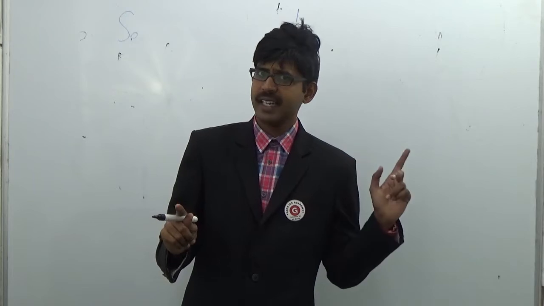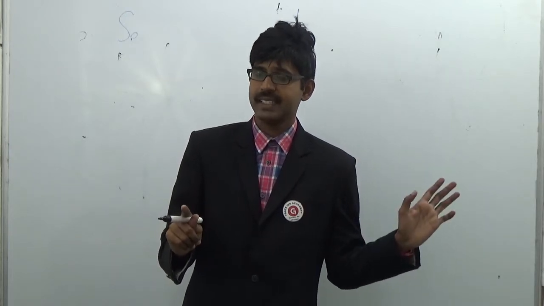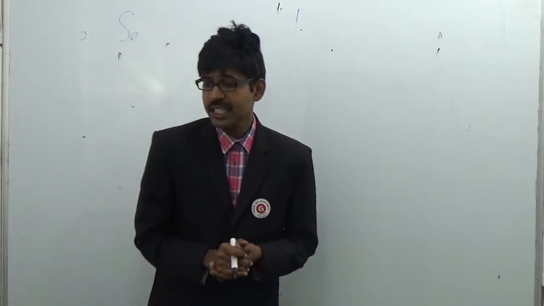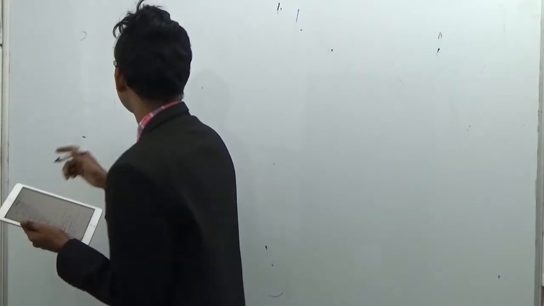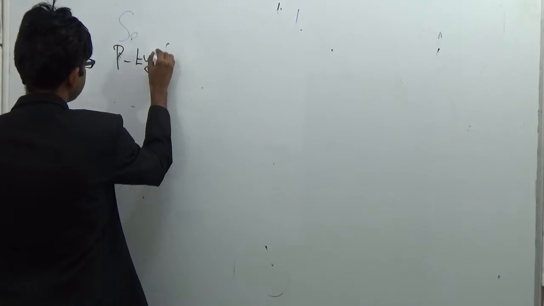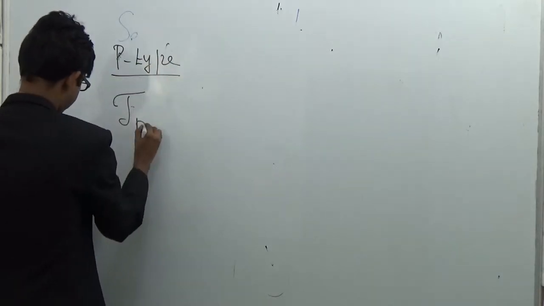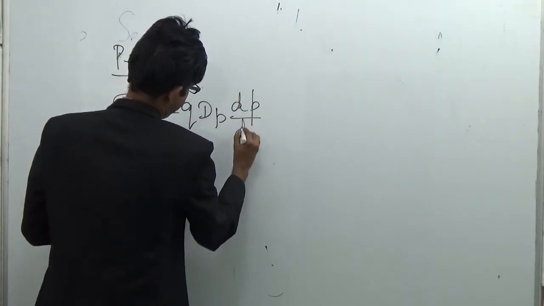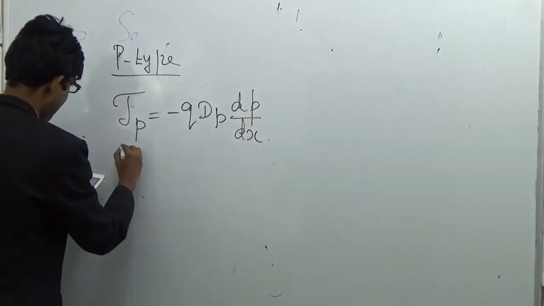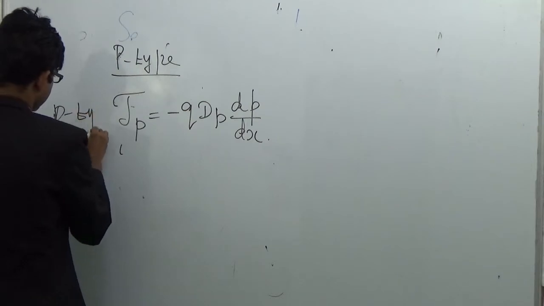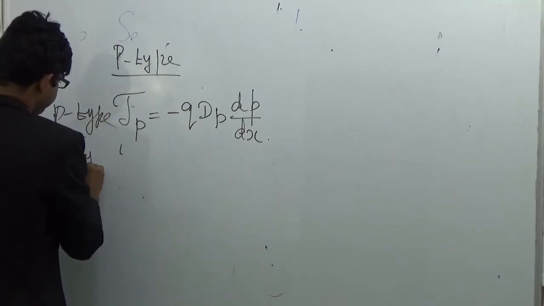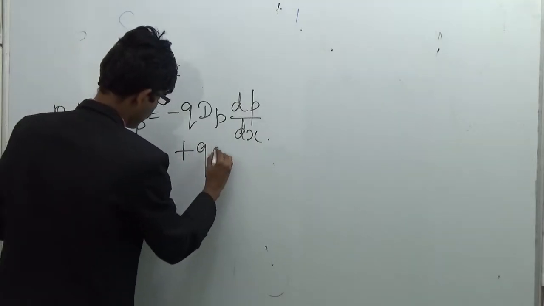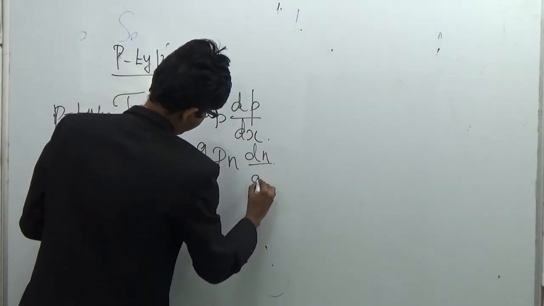I gave you the formula for drift current density, which is sigma E. Now, coming to the diffusion current density for a p-type, it is given by Jp equal to minus Q Dp dp by dx. Similarly, for an n-type, it is given by Jn equal to positive Q Dn dn by dx.